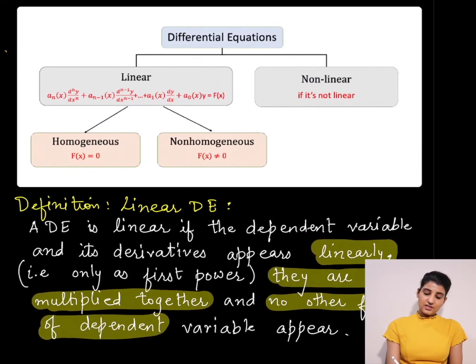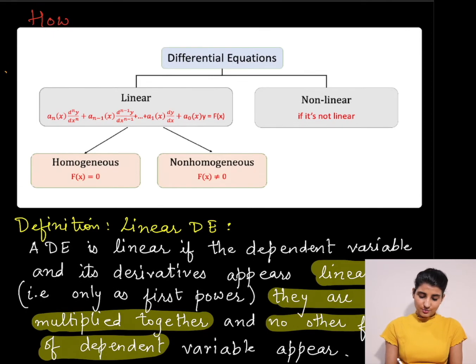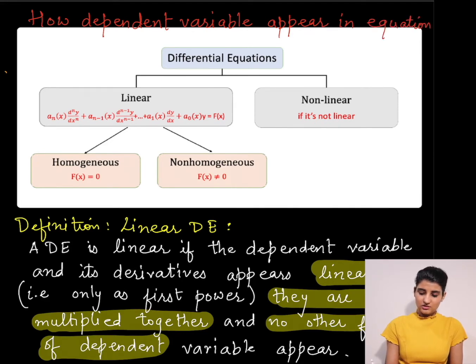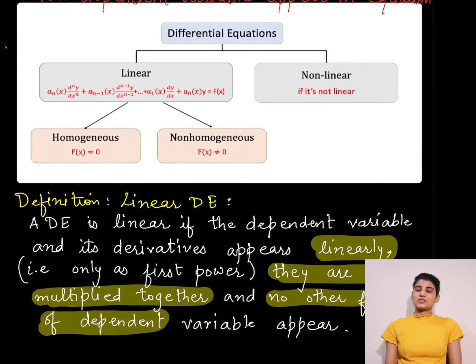So this classification is based on how the dependent variable appears in the equation. And an equation is called non-linear if it's not linear.